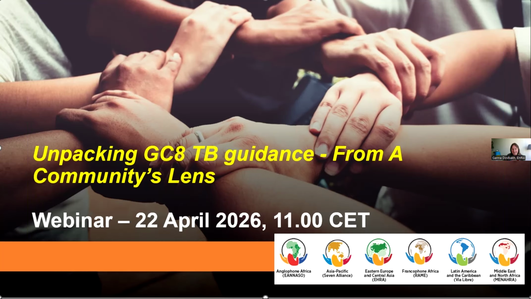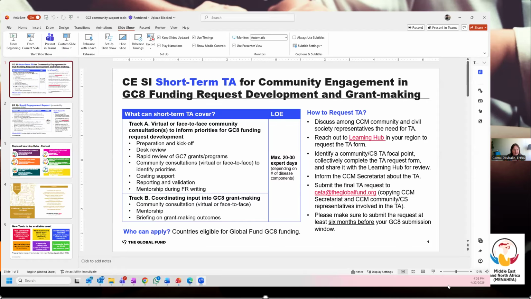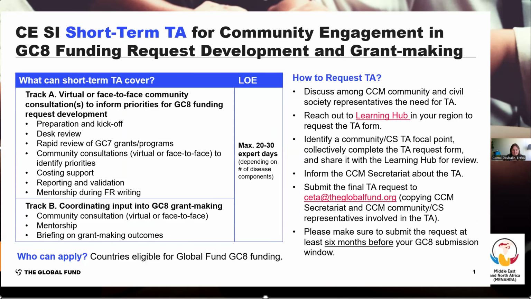And I'm giving the floor to our friend and colleague Niluka Dilshan Pereira, Senior Program Officer from the Community Engagement Strategic Initiative in the Community, Rights and Gender Department of the Global Fund. And Niluka, please, I know that the time is very short, but we need to hear the tools and the possibilities for technical support which communities could use right now. Please, Niluka.